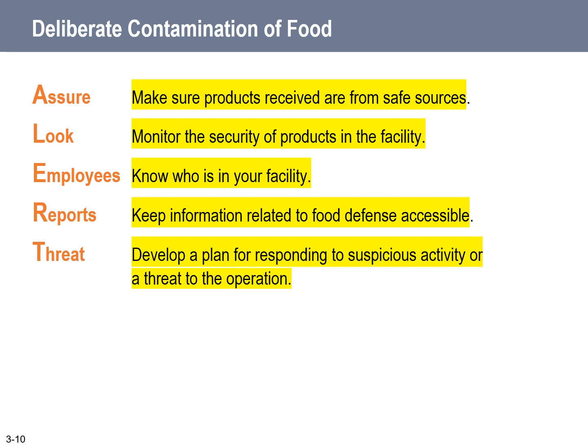And then threats: develop a plan for responding to suspicious activity or a threat to the operation. If someone calls your business saying there's a bomb or anything like that, you need to have certain questions next to the phone to get as much information as you possibly can from that person calling.